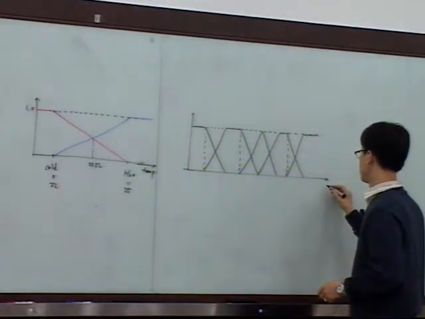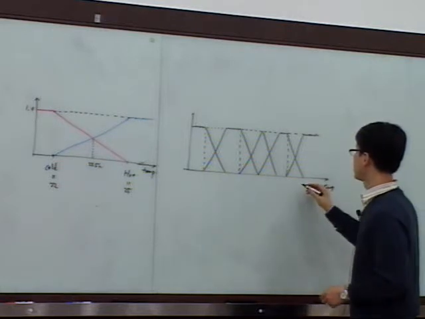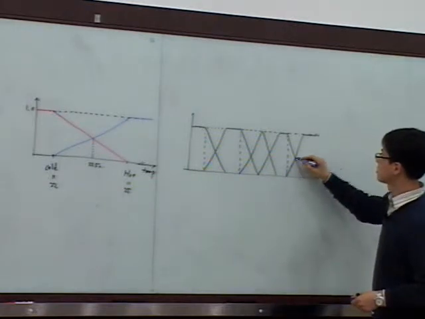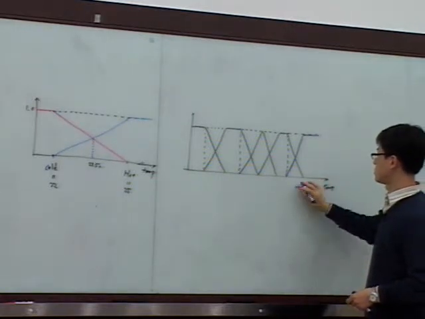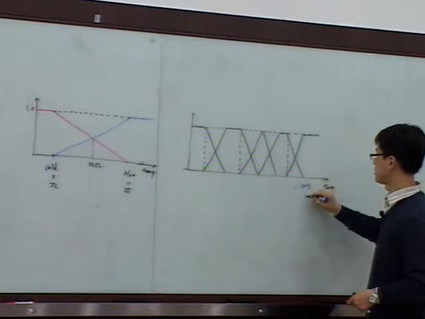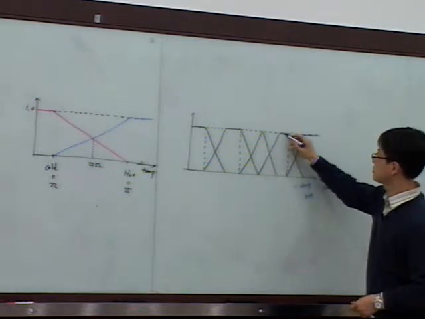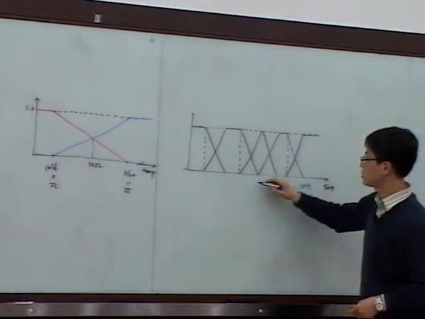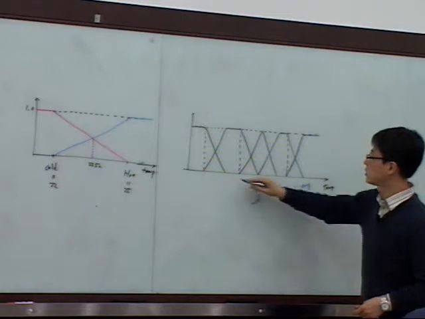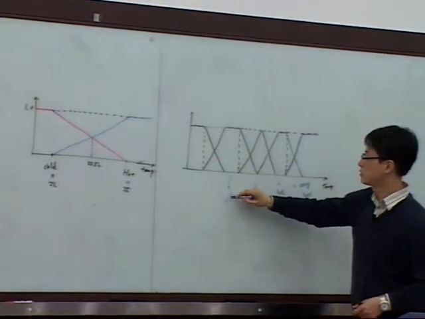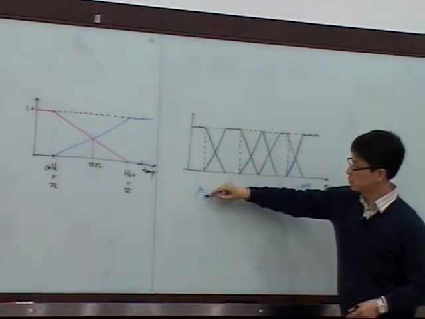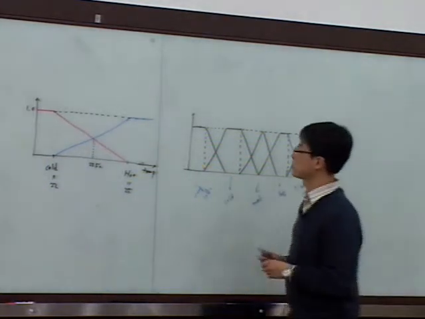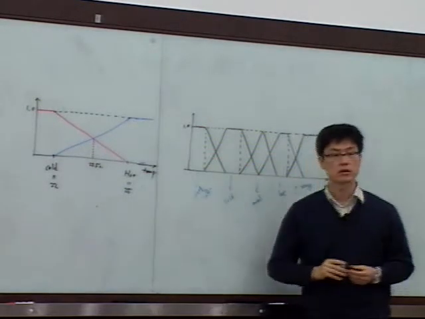For example, this is temperature. And let's say this part means very hot. And this part means hot. And this triangle means medium, cold, very cold.